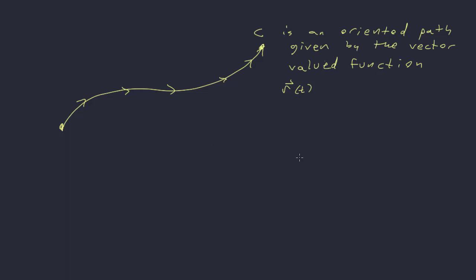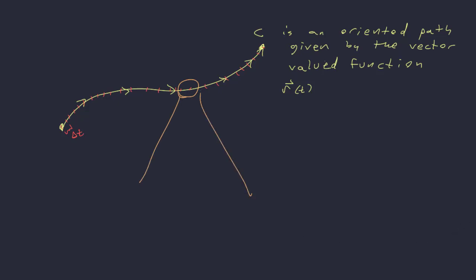Now I'm going to split this up into pieces. They might not be the same size. They might be the same length, they might not, but I'm going to split this up into smallish delta t's, and then we're going to zoom in on one of these and split it into a very small delta t.